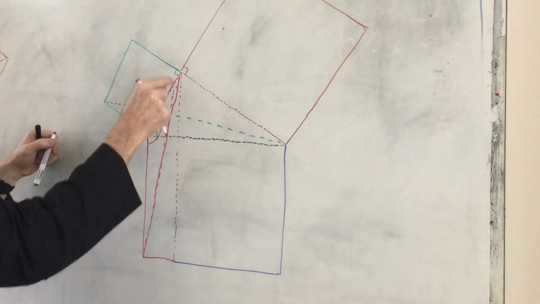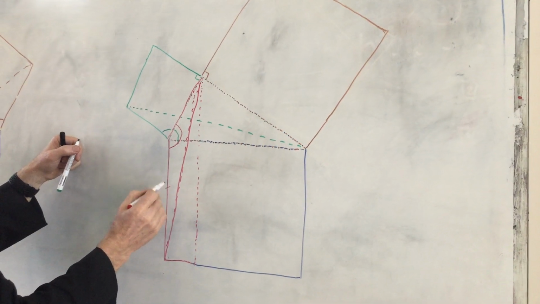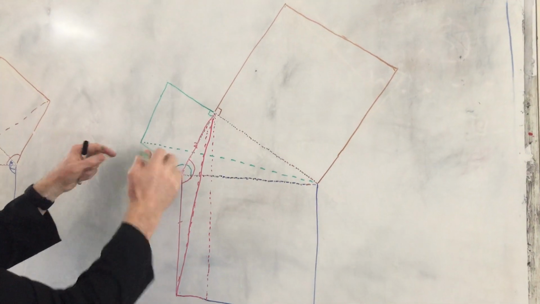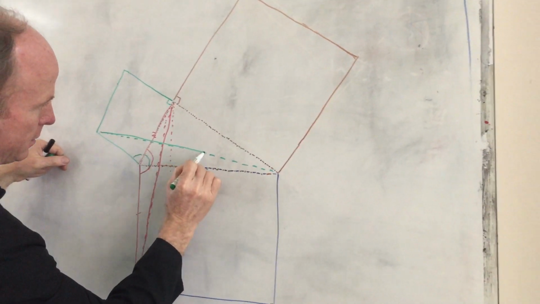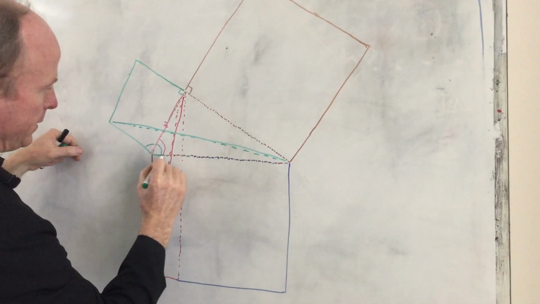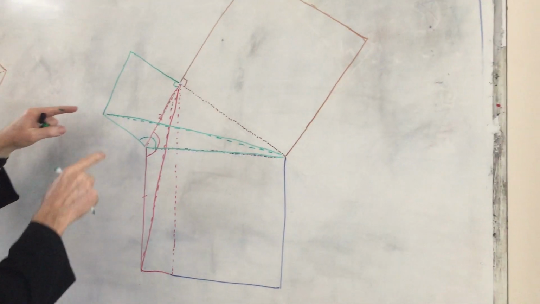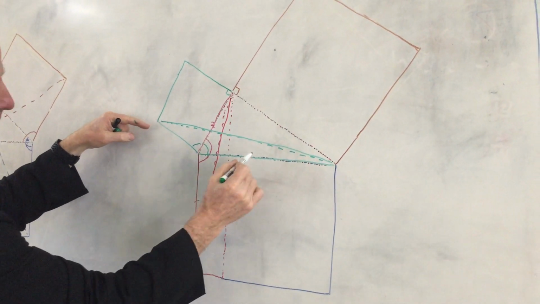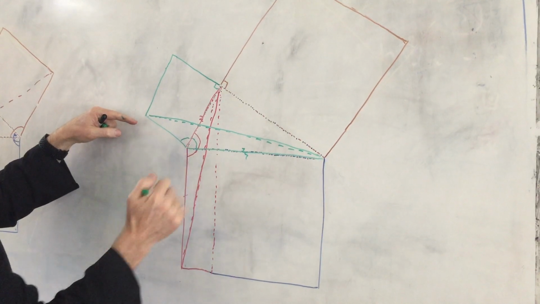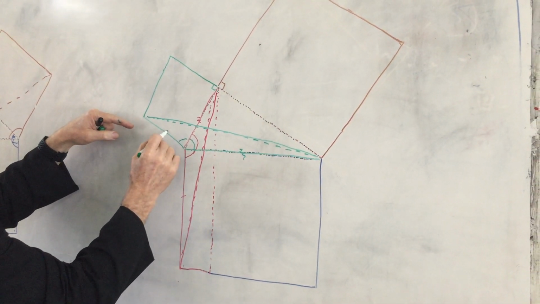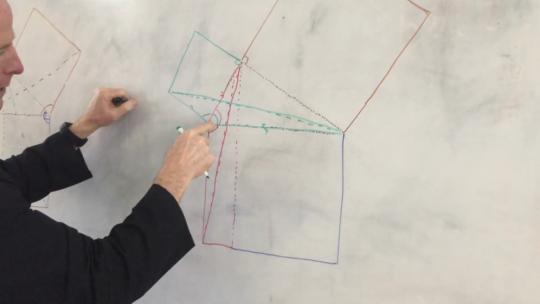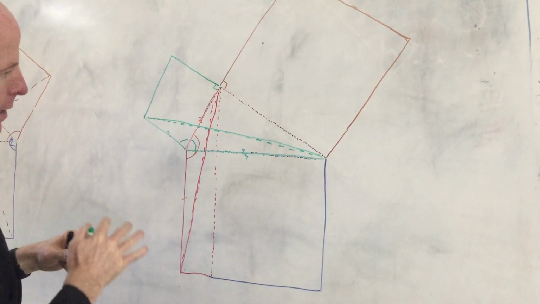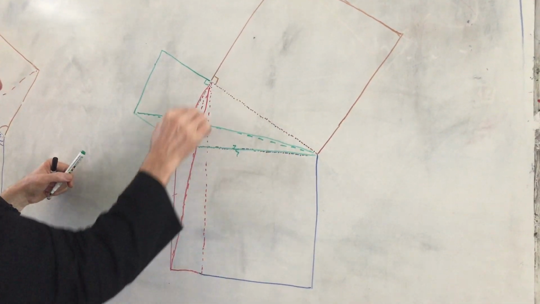This triangle has side, angle, side equal to, in this triangle, side, angle, side. Okay? Side, angle, side equal to side, angle, side. Therefore, the triangle is equal to the triangle.